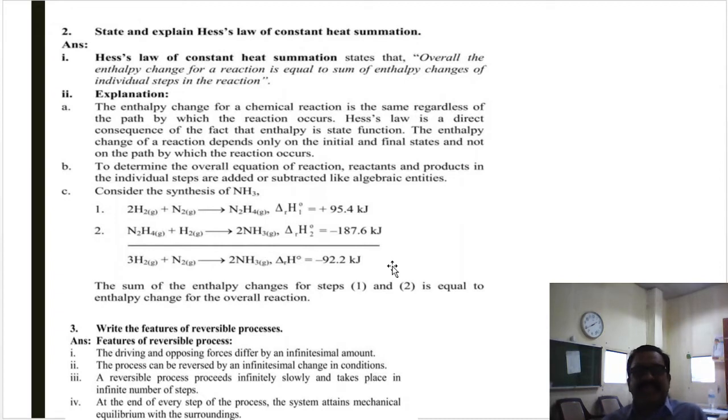That is, enthalpy change does not depend upon the path followed by the system. It depends only and only upon initial and final states.